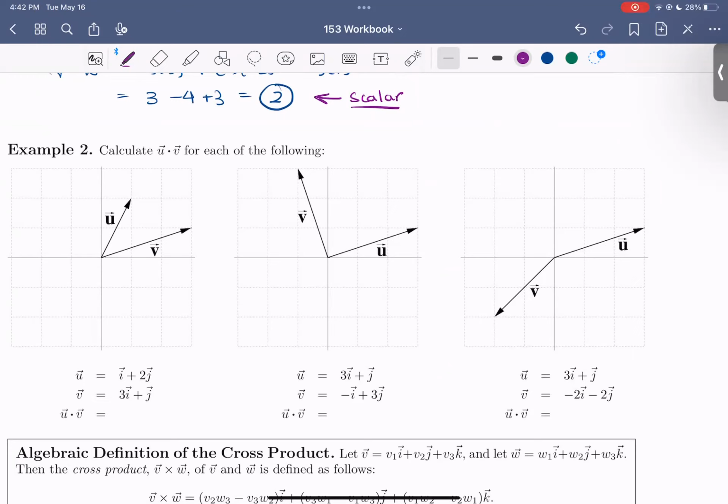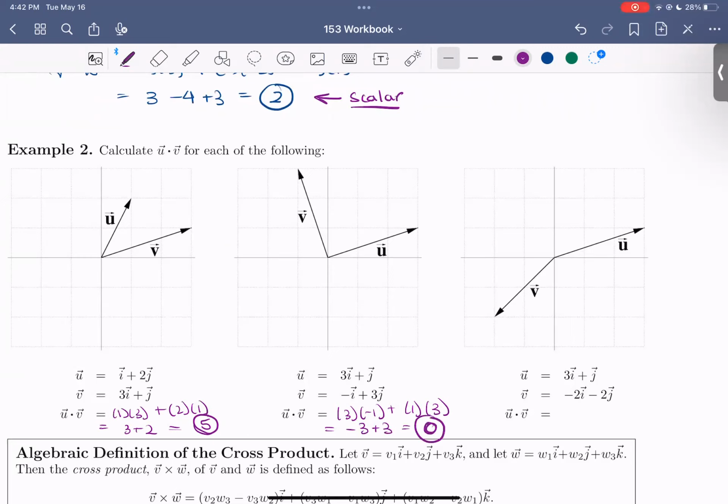So u dot v in the first case, well, we multiply our i component, so 1 times 3, plus j components, 2 times 1. So here we're going to get 3 plus 2, which is equal to 5. In this next situation, we multiply i components, so we get 3 times negative 1, plus the product of j components, 1 times 3. So we get negative 3 plus 3, which is 0.